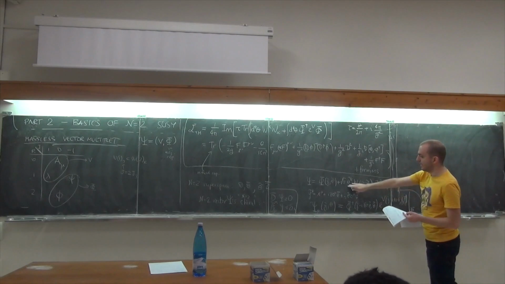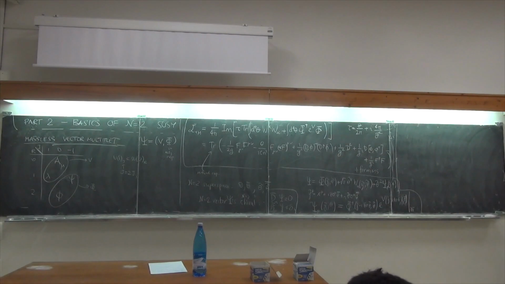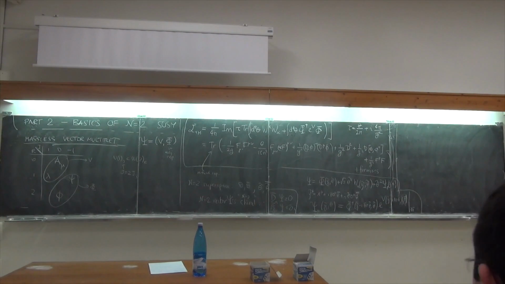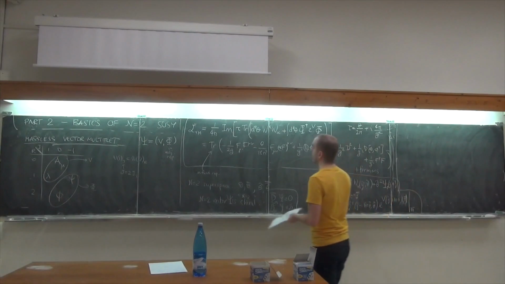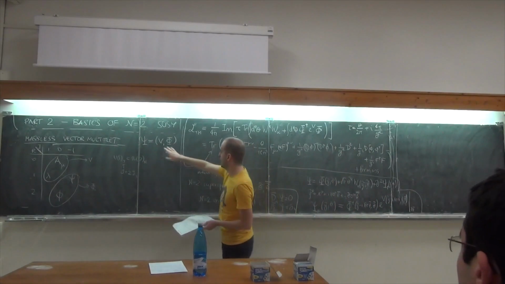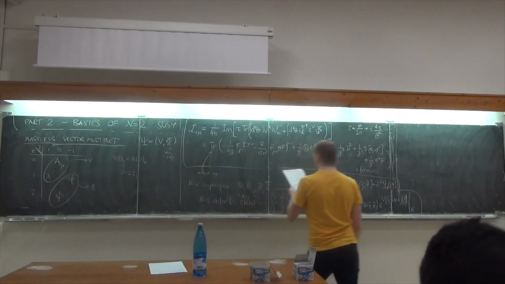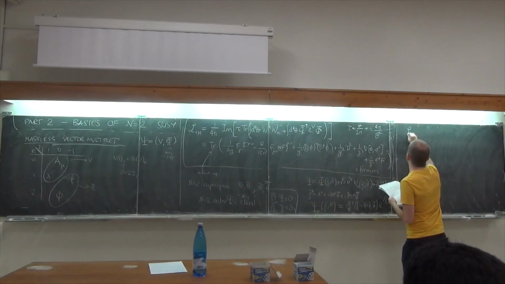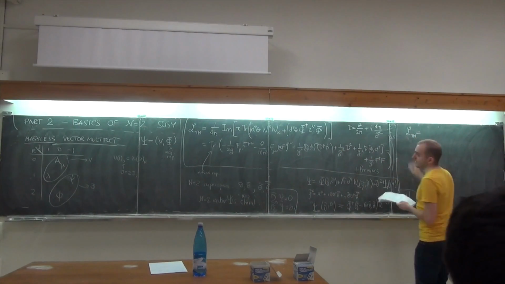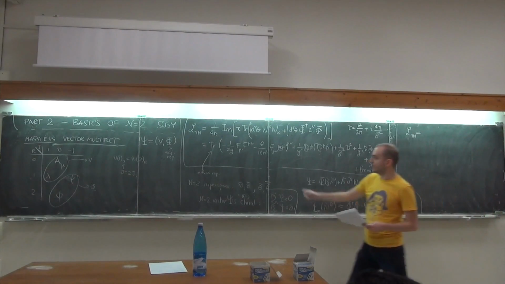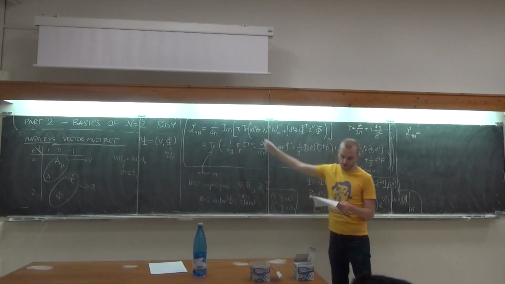So if you use this N=2 superfield psi, which contains all the degrees of freedom of the N=2 vector multiplet, V and phi, you can write the Lagrangian as an integral over chiral half superspace, similar to this integral.